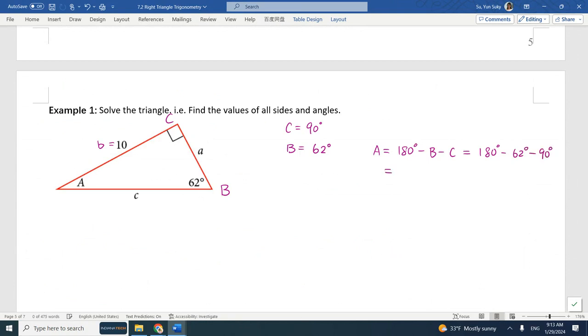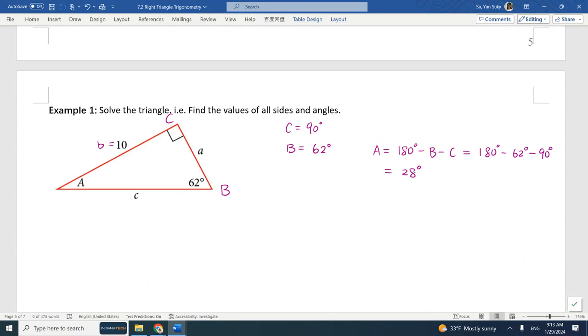What is that? 28 degrees, right, everybody? So we know all the three angles. Now we want to figure out the sides.